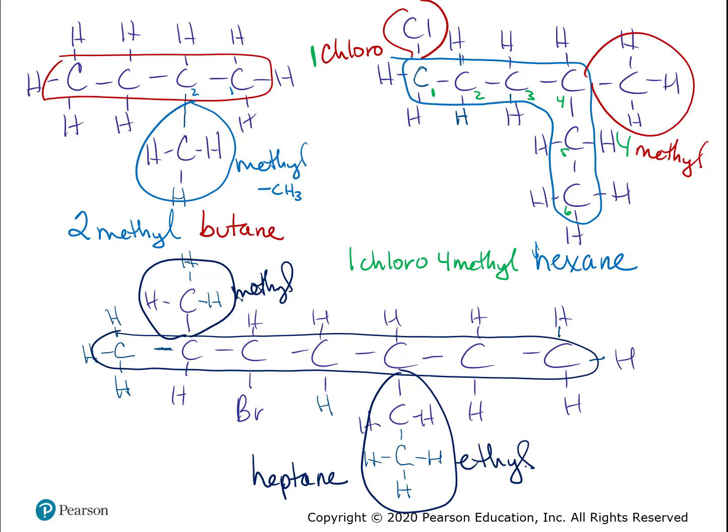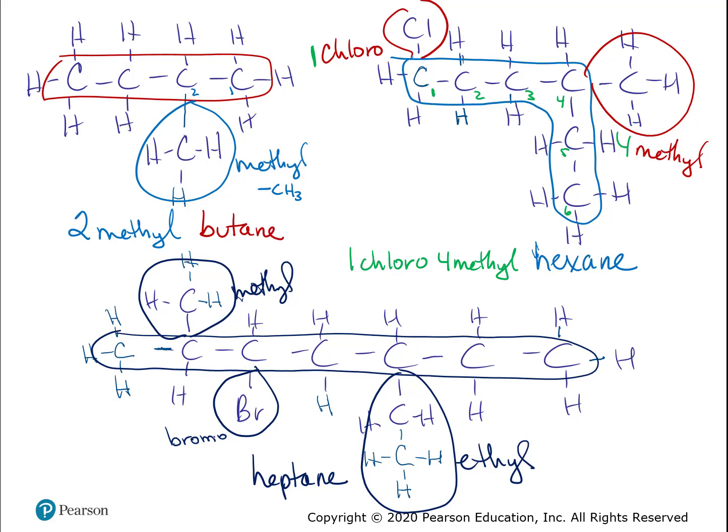One more. So you call this a bromo, right? So chlorine is chloro, bromine is bromo, fluorine is fluoro, and iodine is iodo. You just use the first part plus an O.